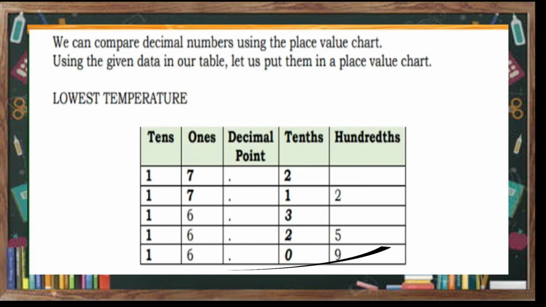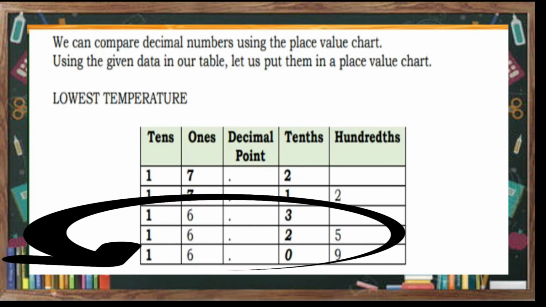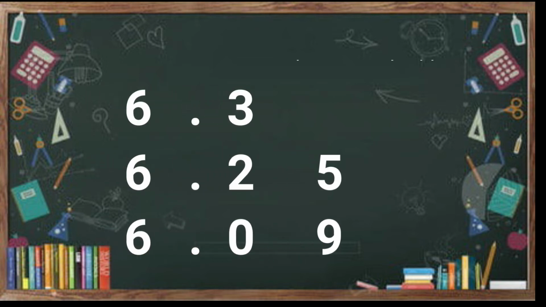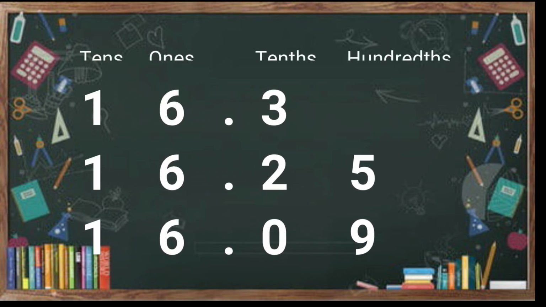Let's now compare the remaining 3. Now let us compare the last 3 decimals: 16 and 3 tenths, 16 and 25 hundredths, and 16 and 9 hundredths. Since all of them have the same whole numbers, let us compare the next place value, which is the tenths place.